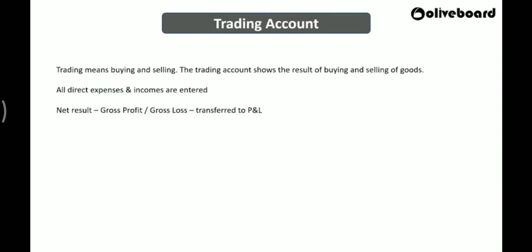Now, what is meant by trading account? You know what is meant by trading? It is buying and selling. So the trading account shows purchases and sales of your goods, or whatever your item is.